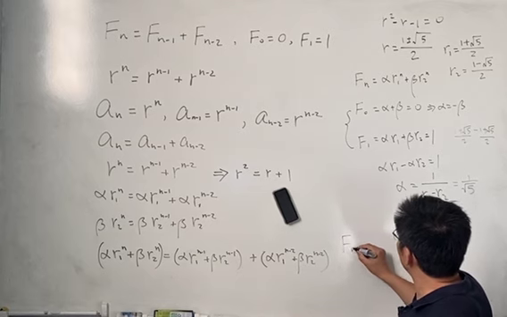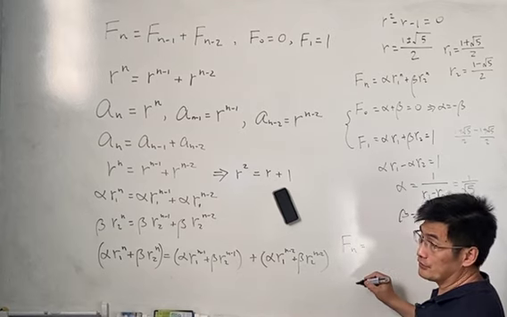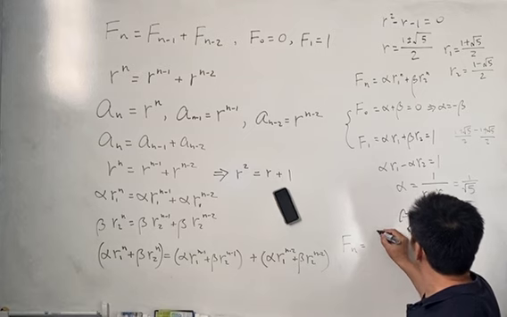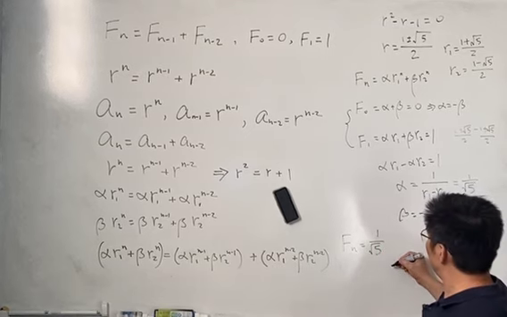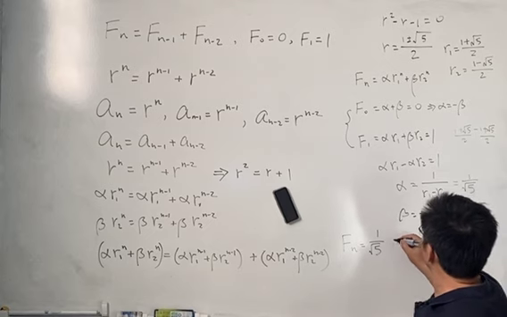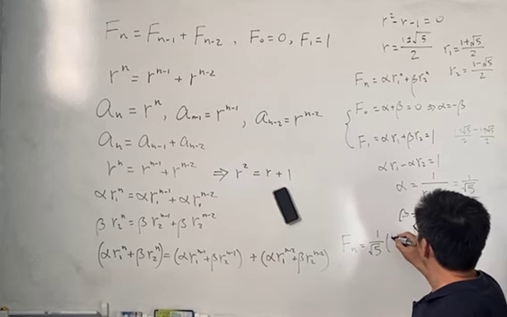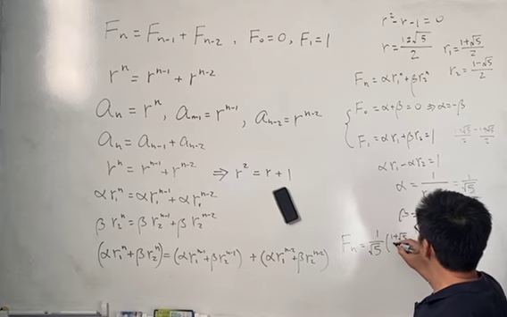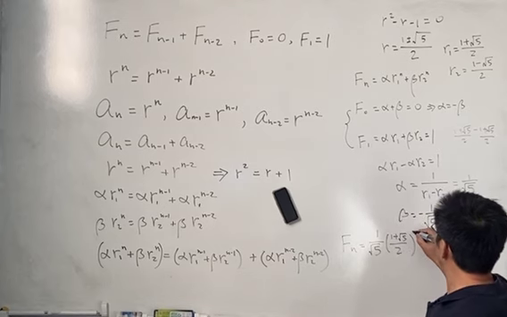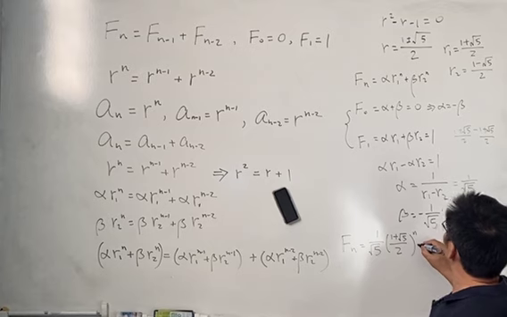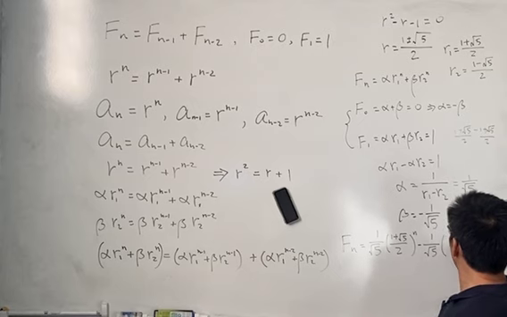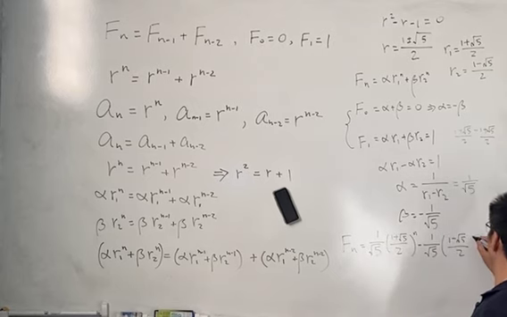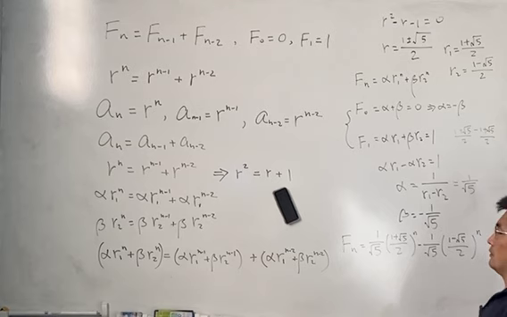So f sub n equals alpha, 1 over square root of 5, times r sub 1, which is 1 plus square root of 5 over 2 to the power of n. Then beta is negative 1 over square root of 5, times 1 minus square root of 5 over 2 to the power of n.